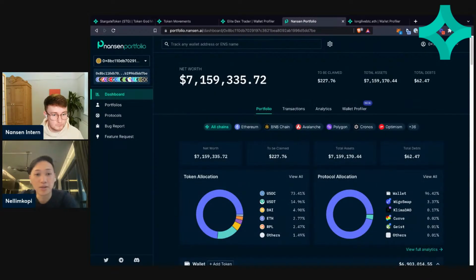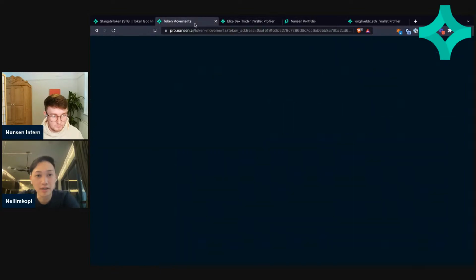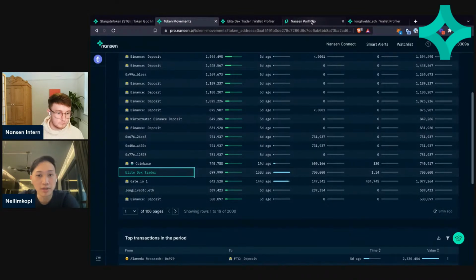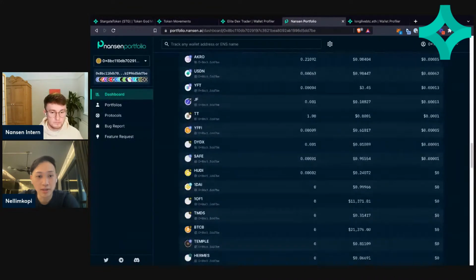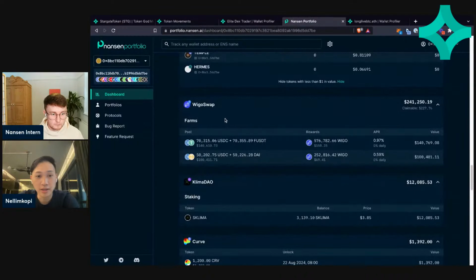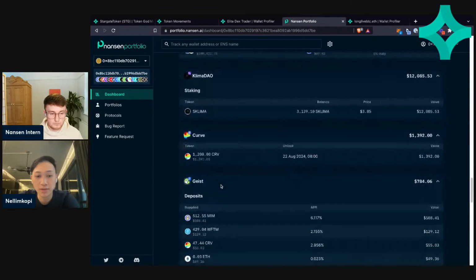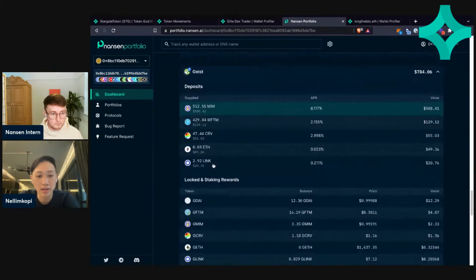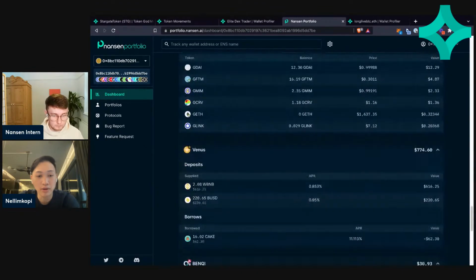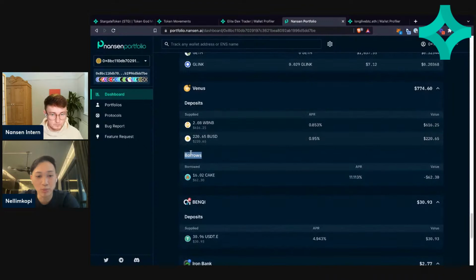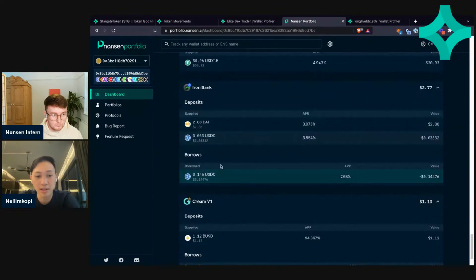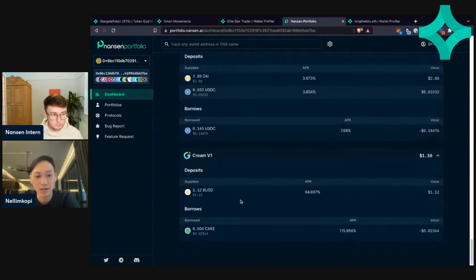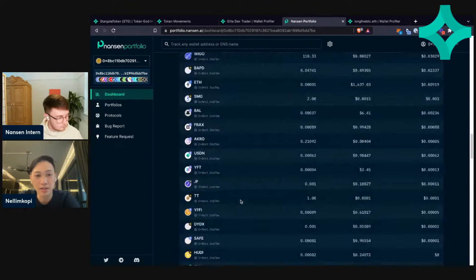Sure. So for example, this guy, Elite Trader that I spotted from here. If I scroll down after the wallet holdings, you can actually see the farms that they're in, any staking that they're doing, any loans that they are taking as well. All this you'll be able to see here. So for example, borrow, and any deposit that they have been doing, basically any protocols that they are participating in, you'll be able to see it here.